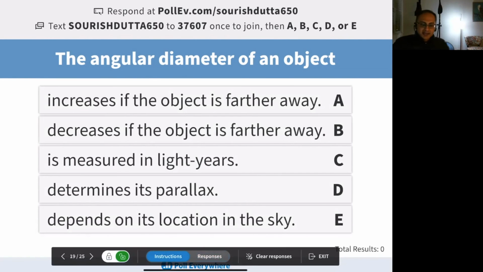Okay, so let's try this problem. What happens to the angular diameter if an object is further away versus if it's closer? Does the angular diameter increase or decrease?